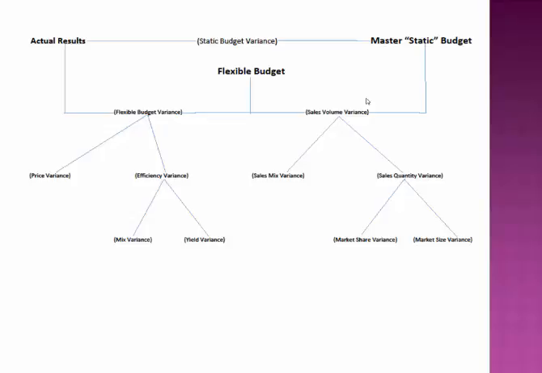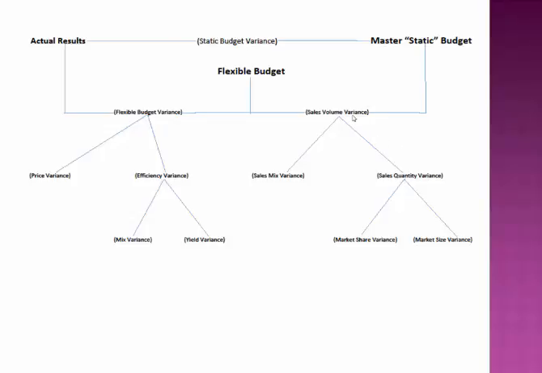So we can literally use contribution margin. You guys know that that's revenues minus variable cost equals contribution margin. So we can use contribution margin times the quantity in order to just calculate the sales volume variance.